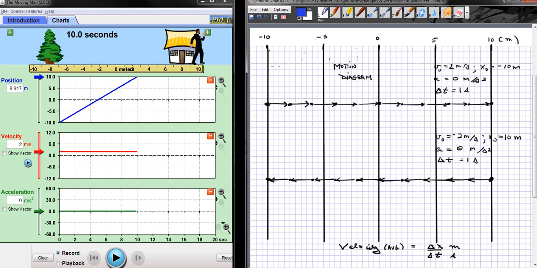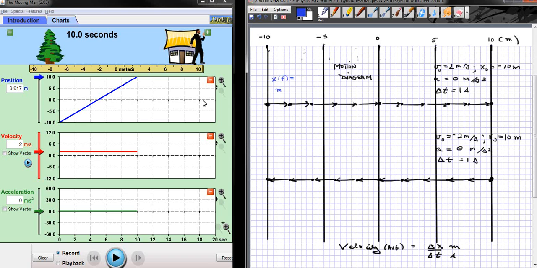Alright, so the position, I can just write on top of here, for this guy is going to be x of t. Units are going to be in meters.